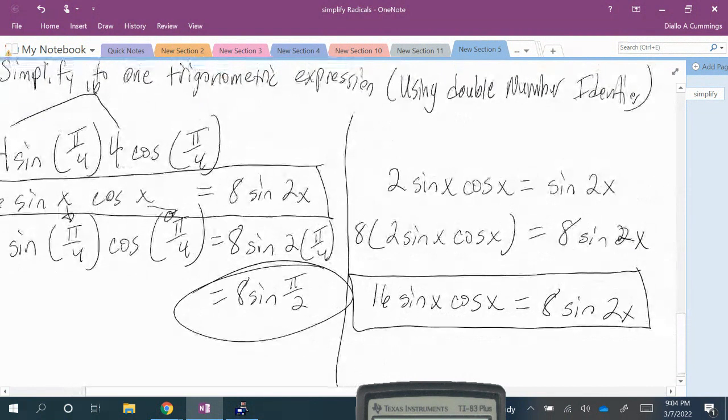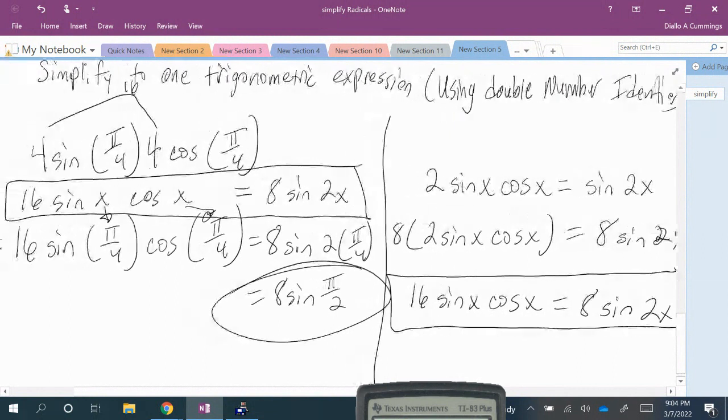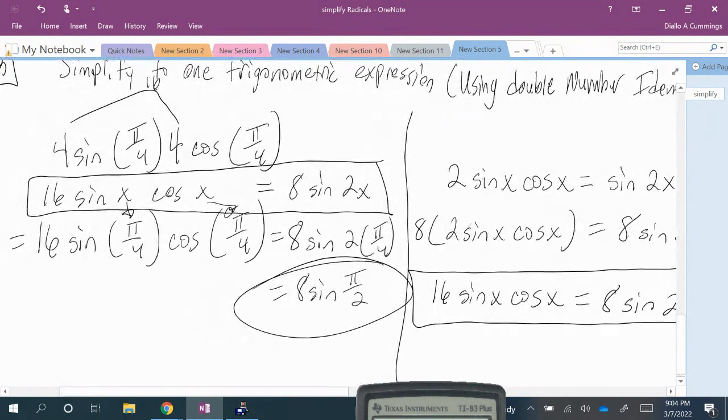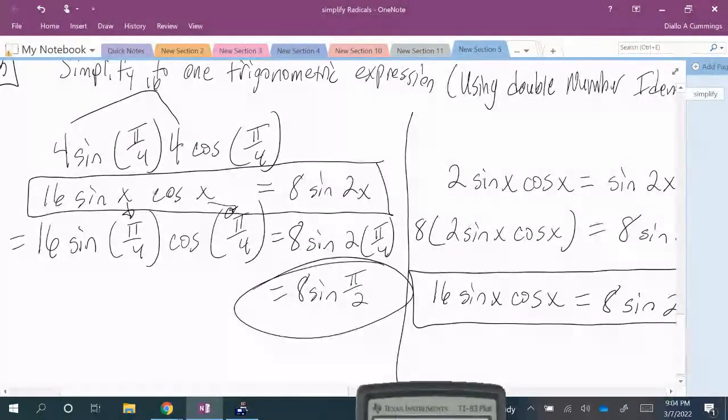The next thing we did was identify a formula that fits the pattern, the sine times the cosine. We modified the formula by multiplying both sides by 8, and out popped the 16 sine x cosine x. We used the manipulated formula to find the value: 8 times the sine of pi over 2.